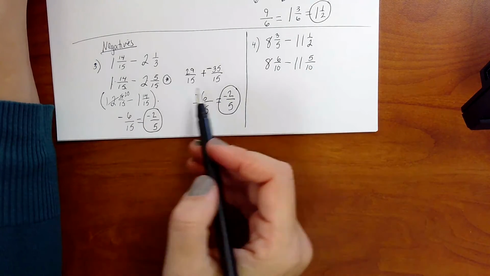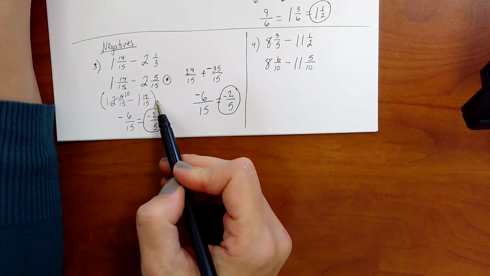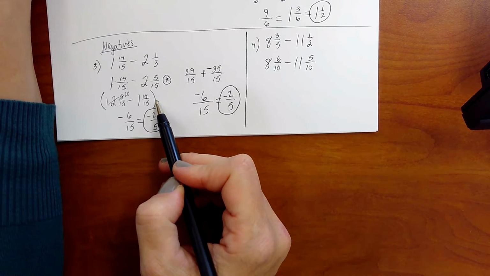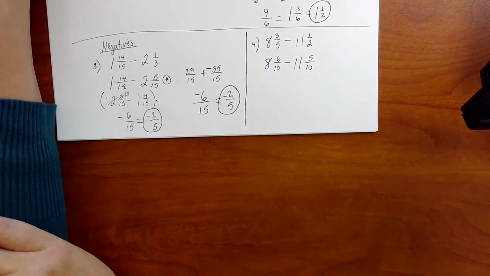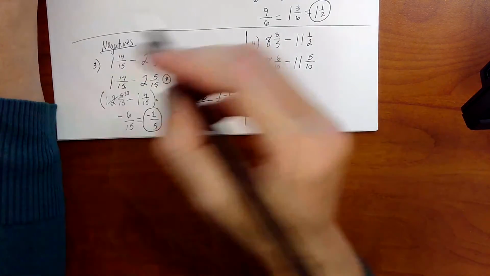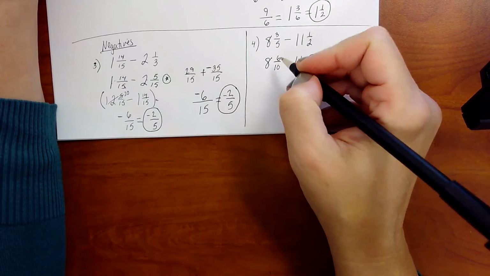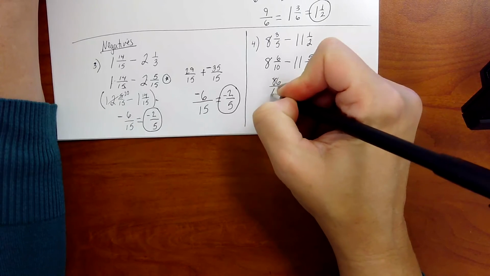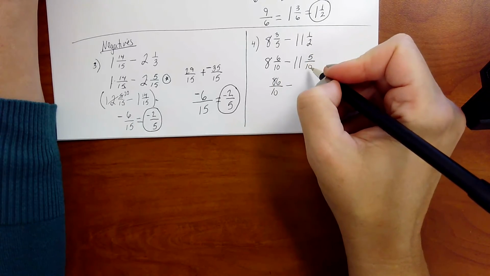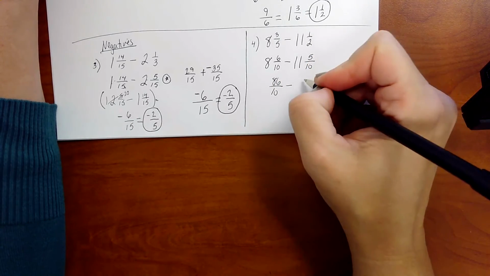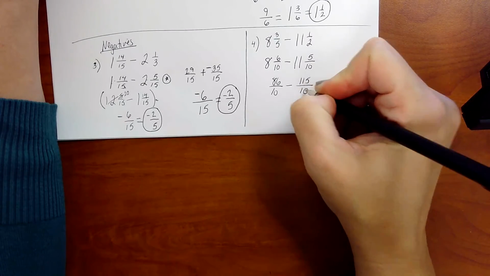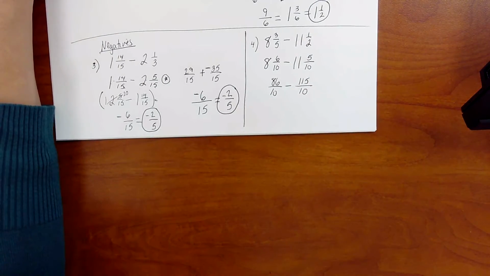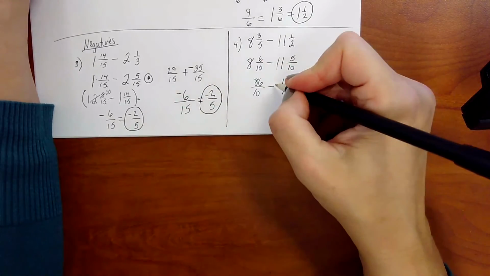Now I could either do this business, switch it around and subtract it, or you know what, I'm going to go the improper route. So 8 times 10 is 80, plus 6 is 86. 11 times 10 is 110, plus 5 is 115. Yeah, this is easier for me. 86 minus 115.